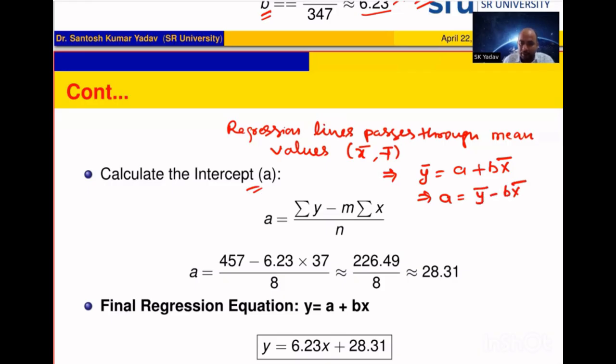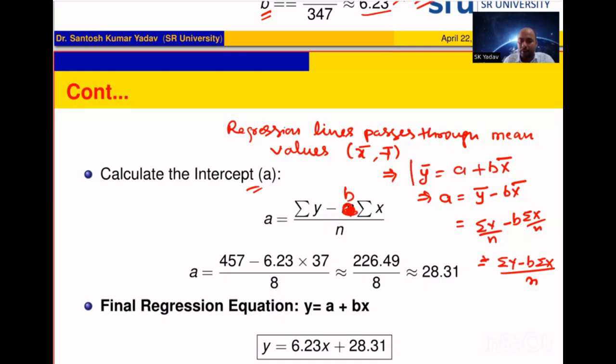And this means I can write a equal to the summation of y upon n minus b times the summation of x upon n. Combined, I can write this as summation of y minus b times summation of x, divided by n. So here it is b, not m.